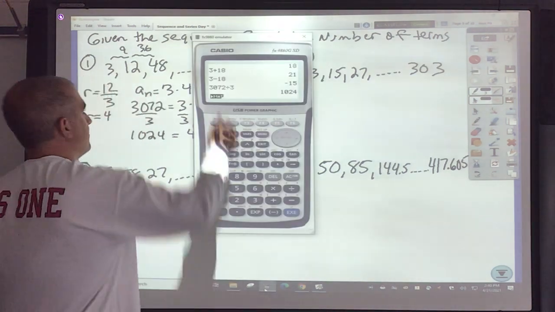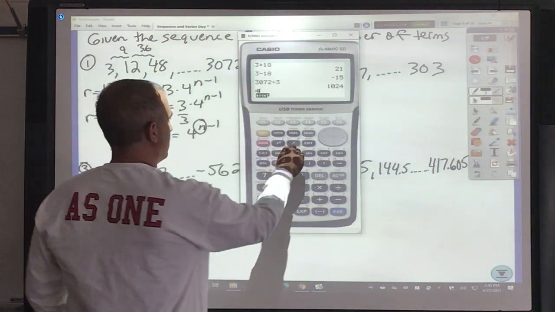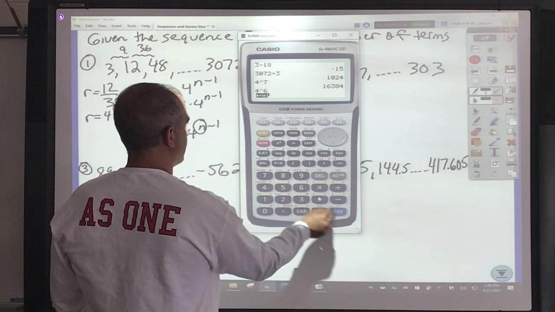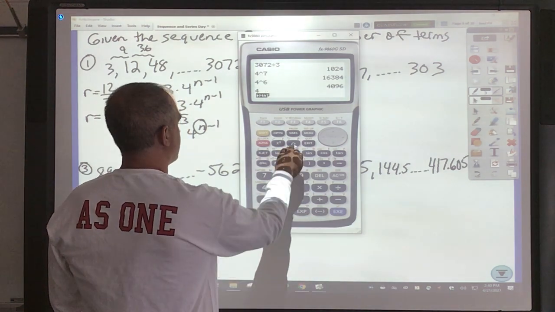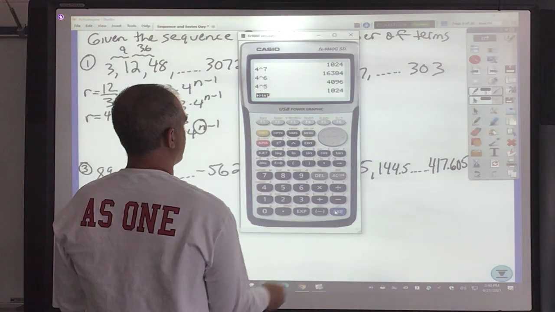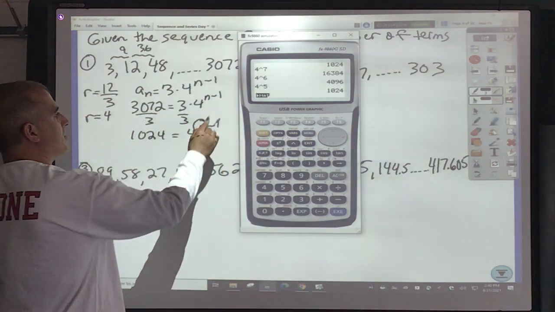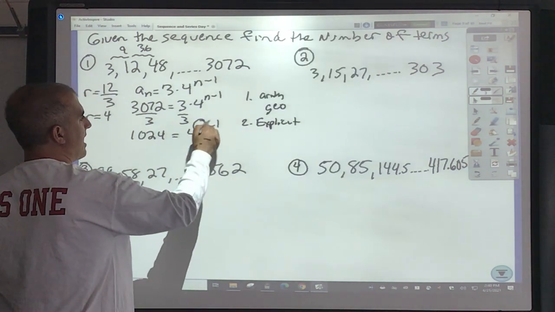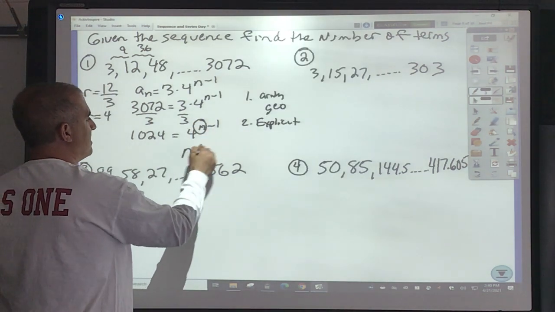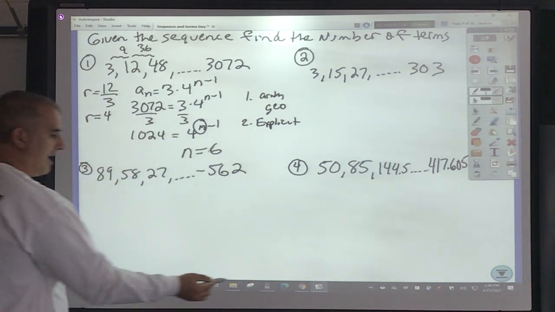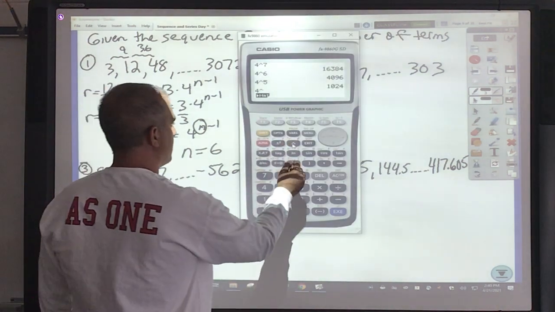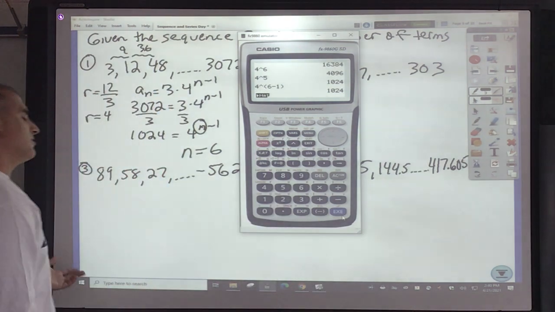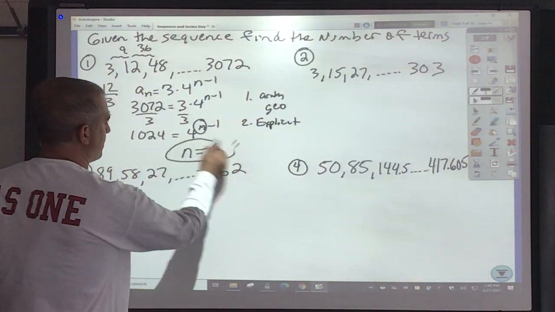So 4 to the 7th? No. 4 to the 6th? No. 4 to the 5th. If I do 4 to the 5th, that works. But I need this to be n minus 1, so my n would be 6. Why? Because if I do 4 to the 6 minus 1, I get that result. So you can use a little bit of guess and check if you want.